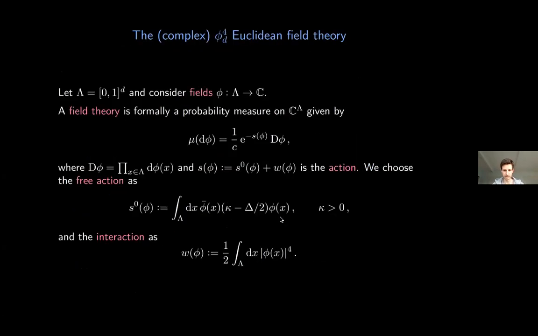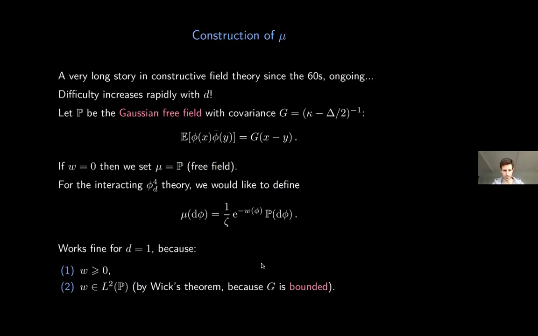Take this interaction, apply Wick's theorem to it. Take it, square it. You have an integral over x and y. Then you have phi of x to the 4, phi of y to the 4. You take the expectation with respect to this Gaussian measure. You apply Wick's theorem, and you get just a power of G's, which are all bounded in 1D. The Green function is bounded, and therefore this is in L2, and you can construct your field theory in 1D. It's very easy.